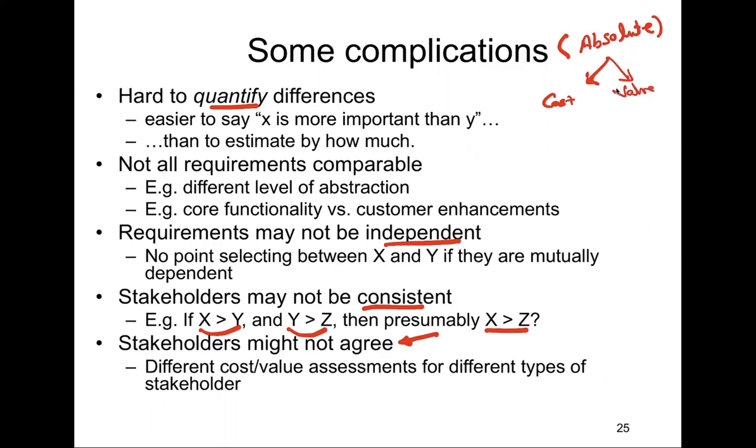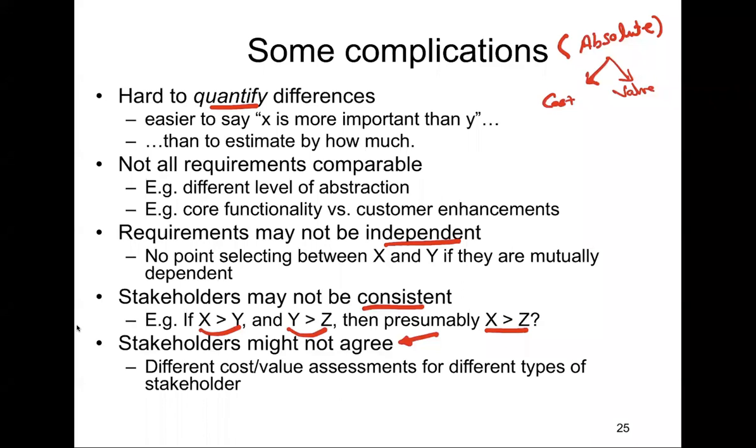At this point, the usage of absolute values may not be a good option, and you have to do relative calculations of the cost and value to come up with an accurate prioritization for requirements. As I said before, prioritization could be done for each requirement individually, which is a little bit tricky because we have a larger set of requirements, so it might take a lot of time to process, analyze and prioritize them.